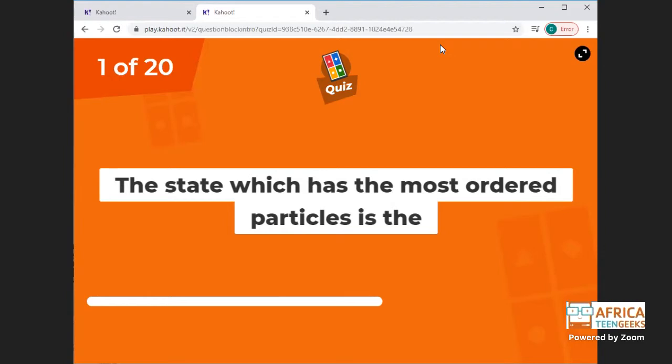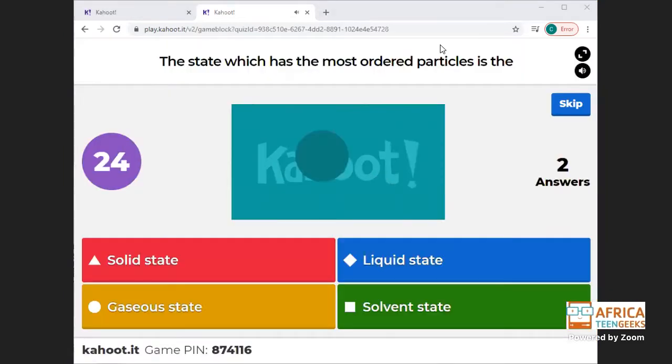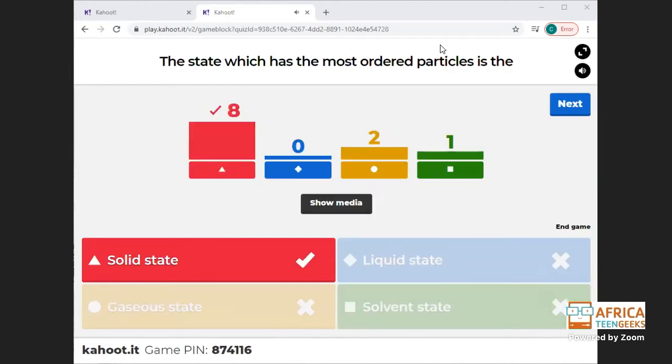The state which has the most ordered particles is the solid state, gaseous state, solvent state, or the liquid state. I think it left someone out because we were 12.